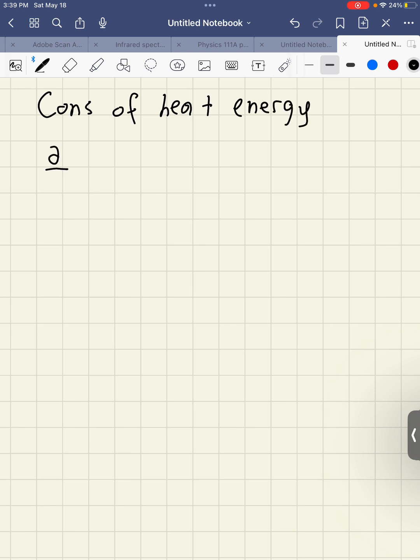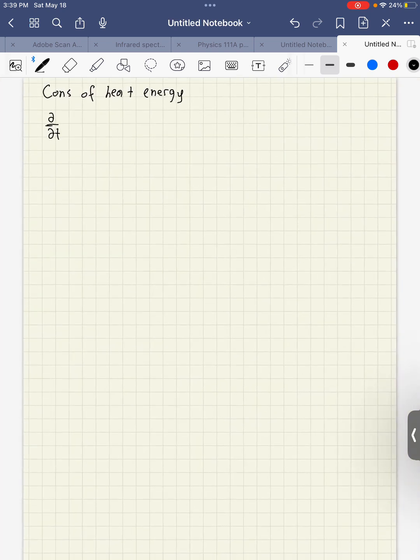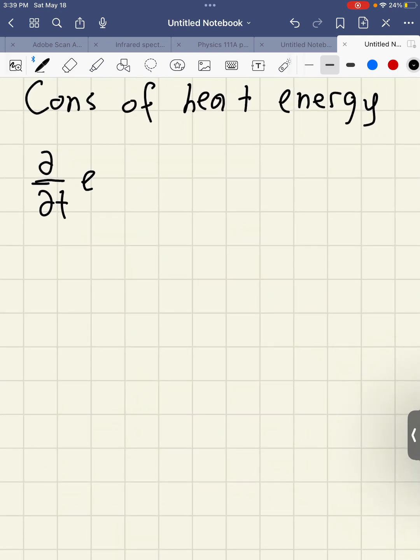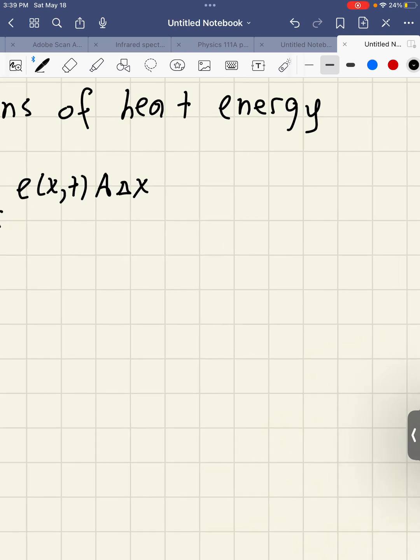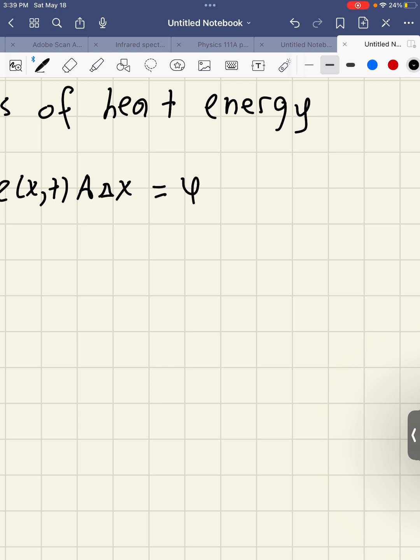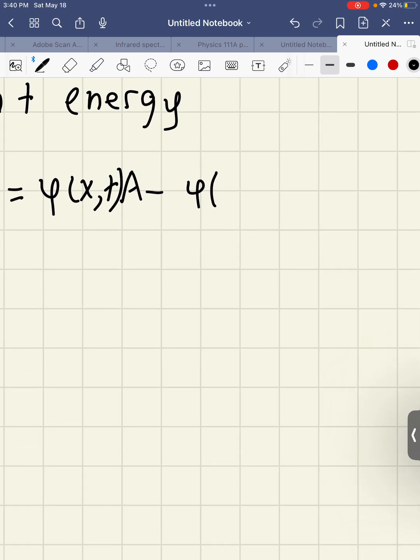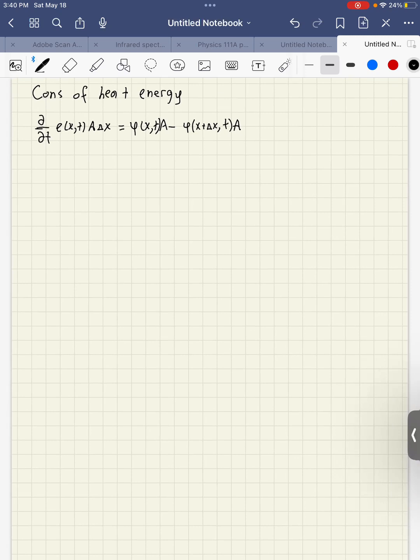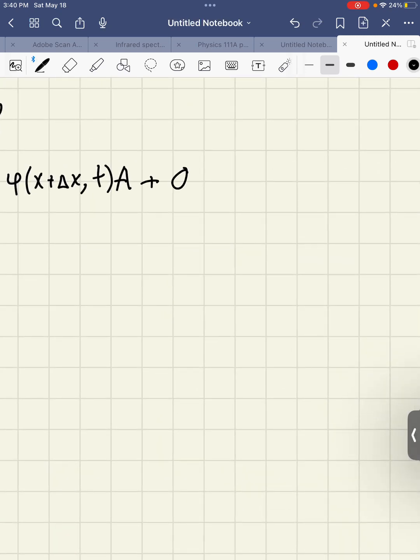I have partial t of e of x, t times the area times delta x, which is equal to phi of x, t times the area, minus phi of x plus delta x, t times the area, and plus q of x, t times area times delta x.